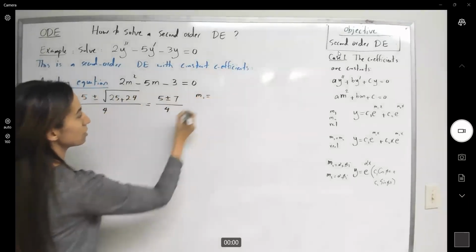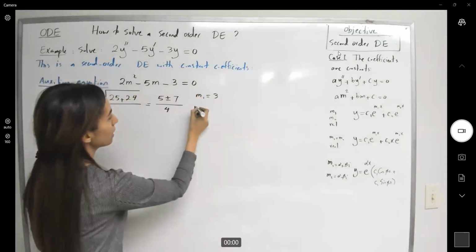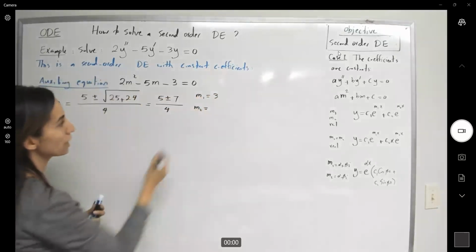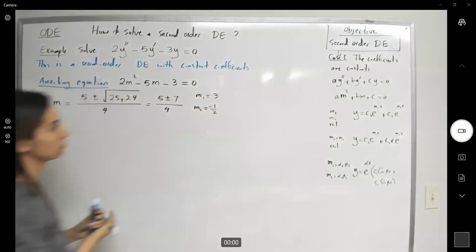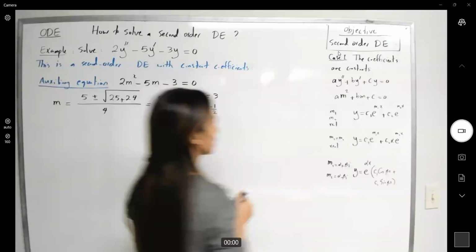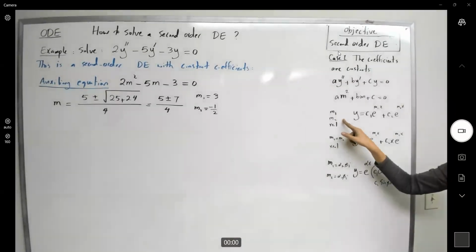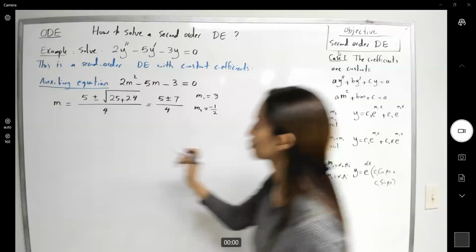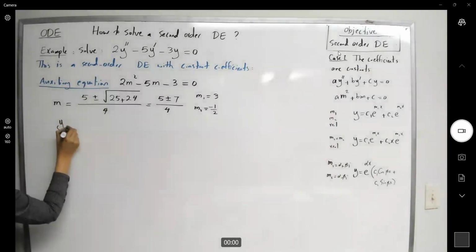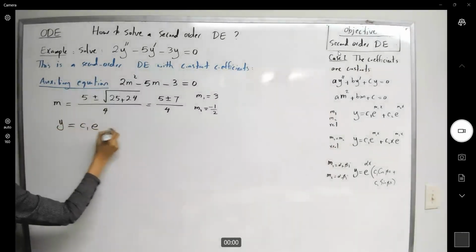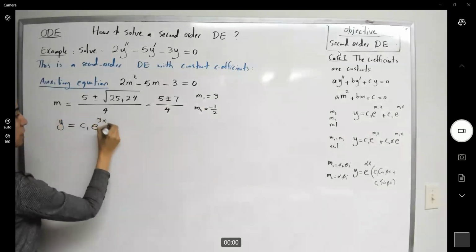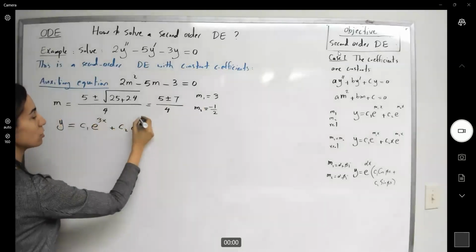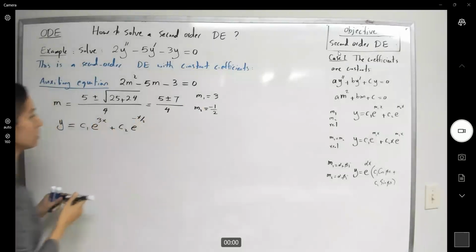So m1 is equal to 3 and m2 is equal to negative a half. Very good. This is the case where these solutions are real solutions. So the general solution for this differential equation becomes c1 e^(3x) + c2 e^(-x/2).